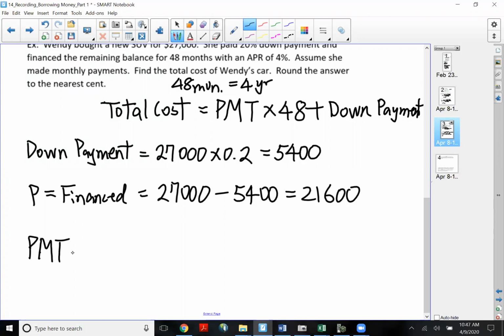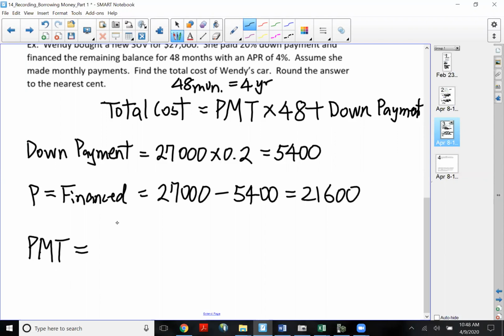To pay off something, you take the monthly payment times the entire duration of your loan. You're already putting all that money in, you paid the car off, but since this question is asking for the total cost of the car for Wendy, other than the payments she made for 48 months, you still have to go back and add the down payment that she initially put down. So let's figure out our monthly payment real quick.